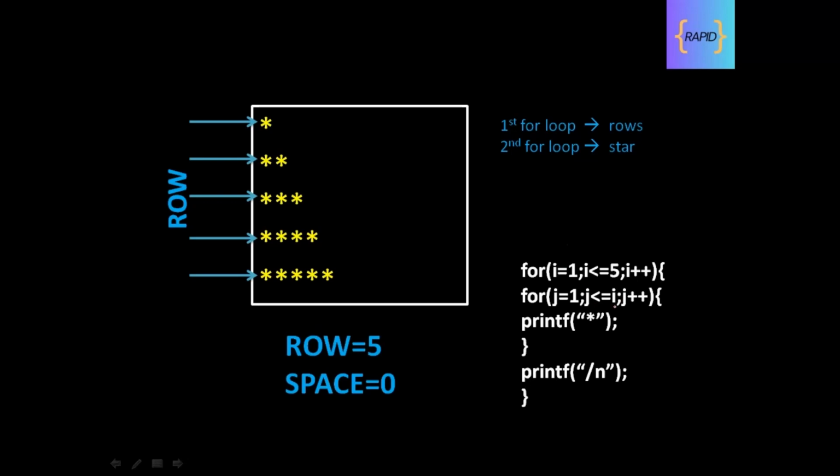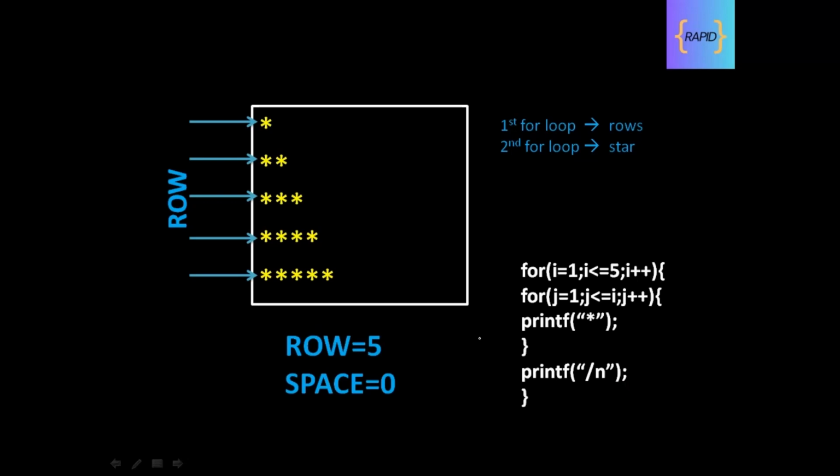So this condition is also true, so this statement will be executed, and in this statement we are printing a star. Then it will increment j by 1 and check again. Now j is 2 and i is 1, so this condition will be false. So we go out of this loop and print backslash n.